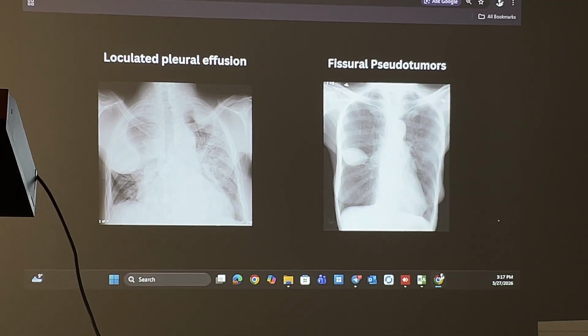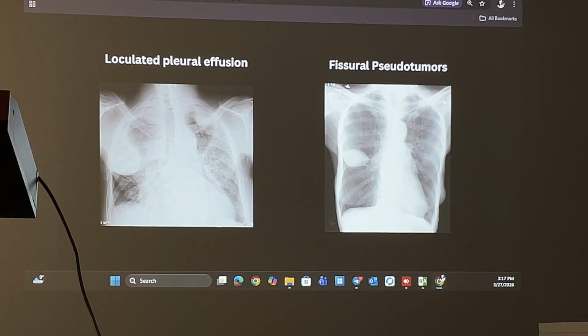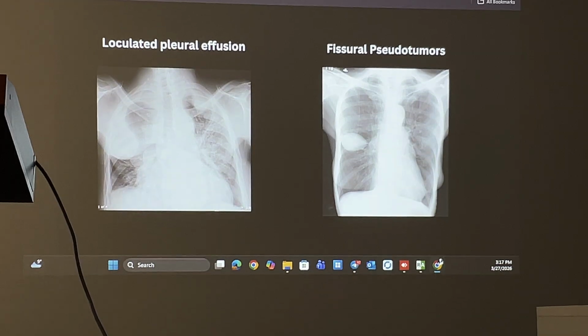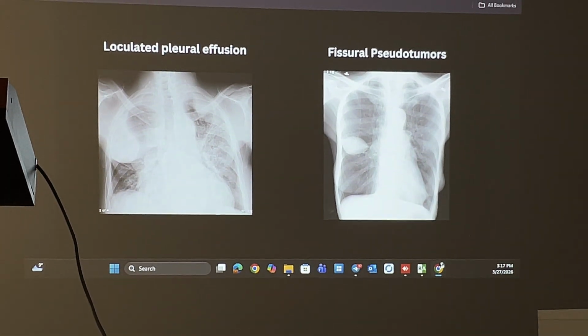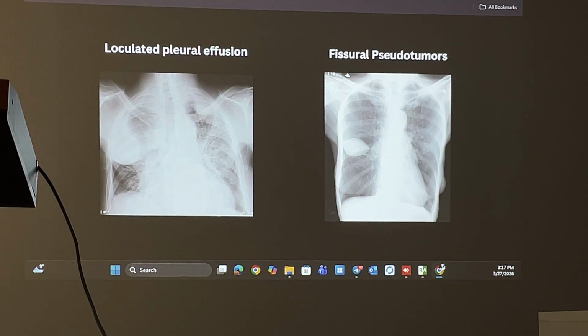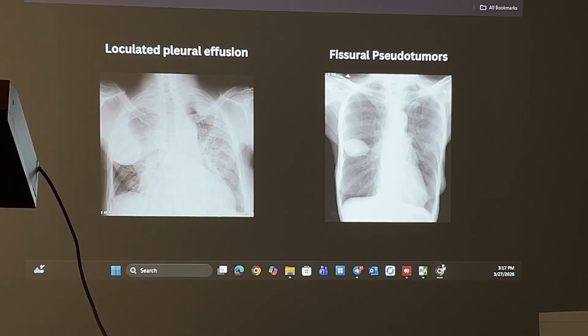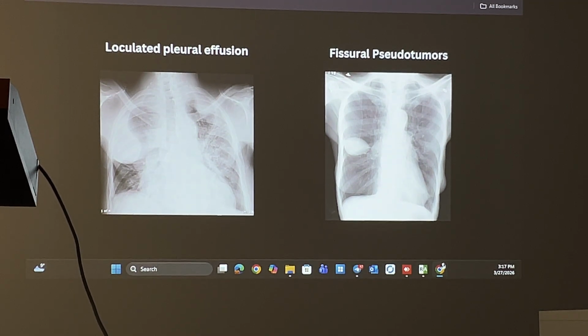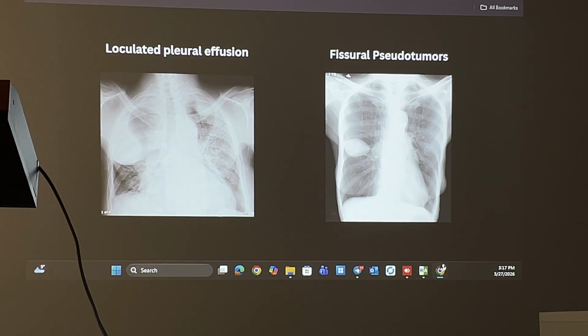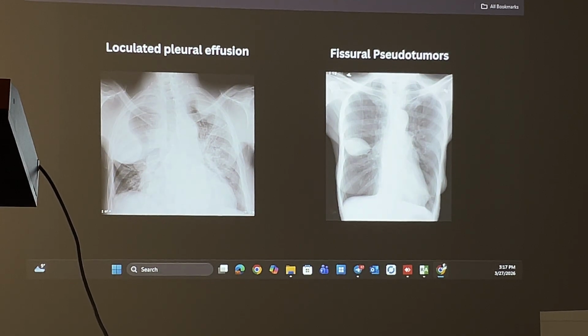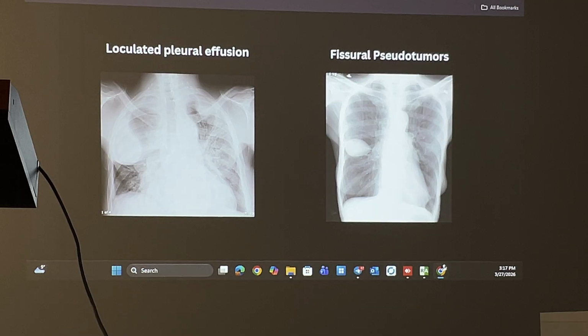Tumors and adhesions in the pleural space, caused most often by prior infection or hemothorax, may limit the normal mobility of a pleural effusion so that it remains in the same location no matter what position the patient assumes. Pseudotumors, also called vanishing tumors, are sharply marginated collections of pleural fluid contained either between the layers of an interlobar pulmonary fissure or in a subpleural location just beneath the fissure.